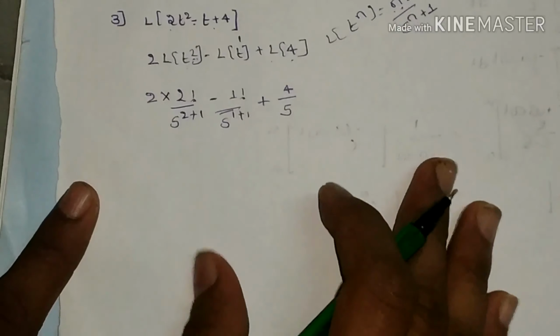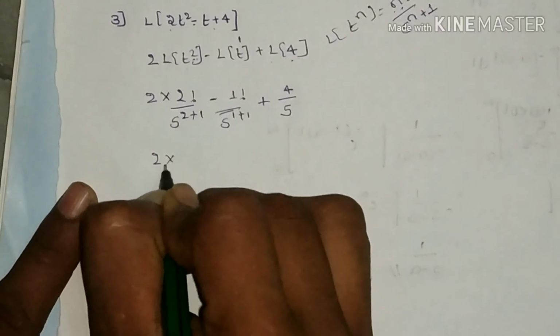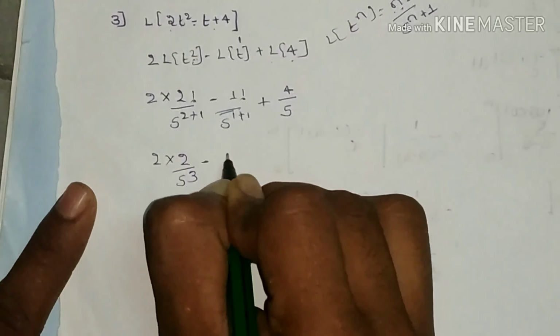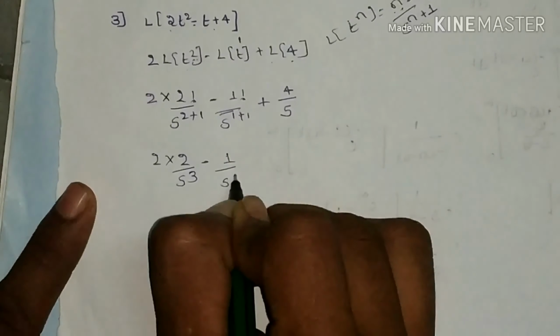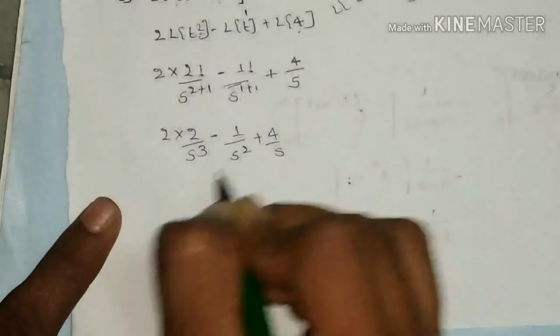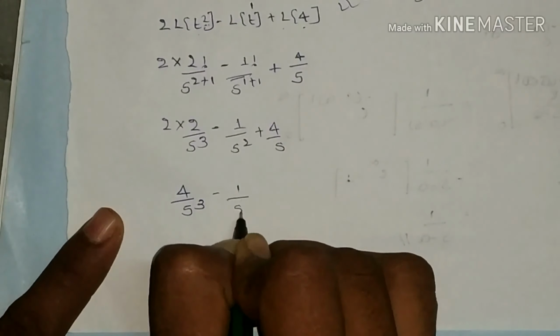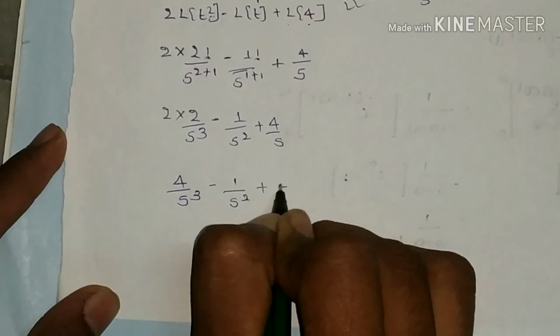Here 2 factorial and 2 plus 1 gives s raised to 3, minus 1 factorial is 1, s raised to 1 plus 1 is 2, 4 by s as it is. This reduces to 4 divided by s cube minus 1 divided by s square plus 4 by s, which is the final answer of this question.